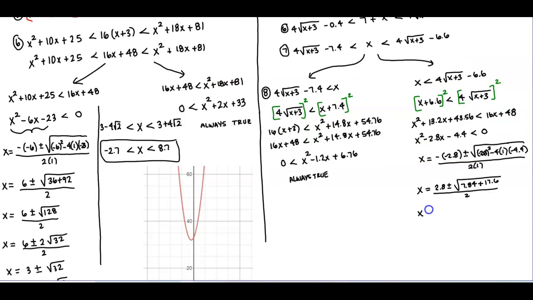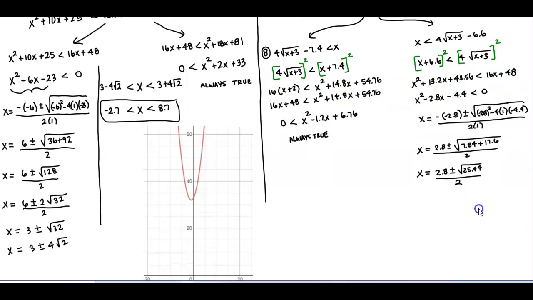So we get x equal to 2.8 plus or minus the square root of 25.44, because 7.84 plus 17.6 is 25.44, and then we divide that by 2.